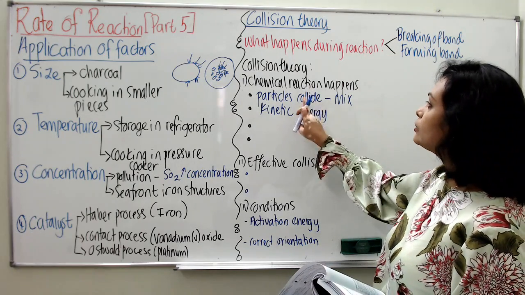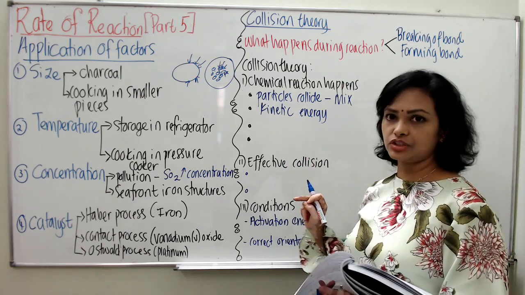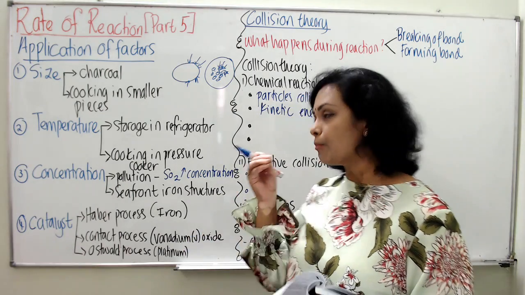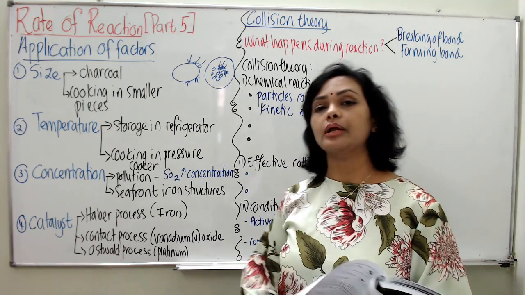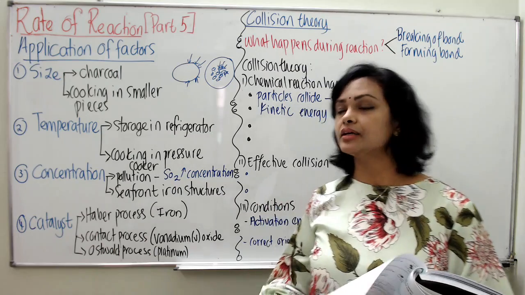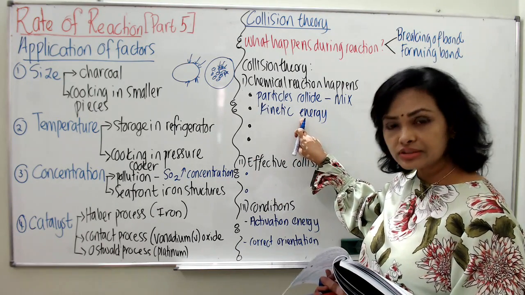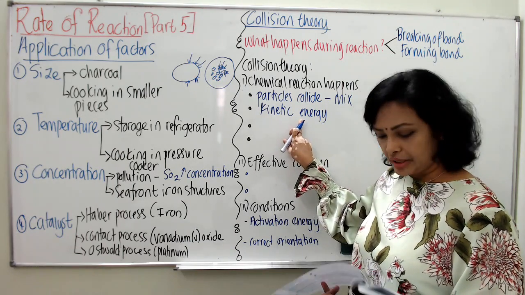And in order for the chemical reaction to happen, you must have kinetic energy. So the substances or the particles must have enough kinetic energy. This means that when the particles are colliding, they already have a certain kinetic energy. So this kinetic energy will be helpful in order to produce a reaction.